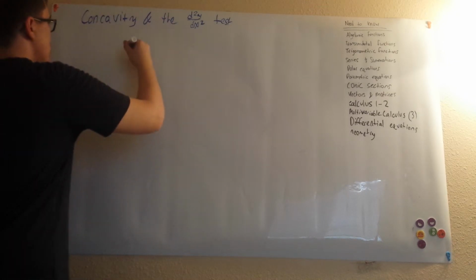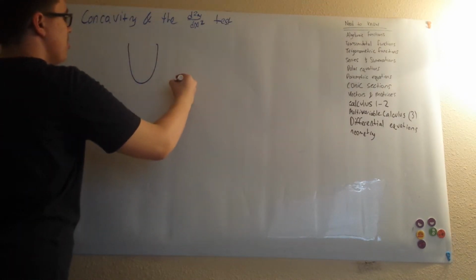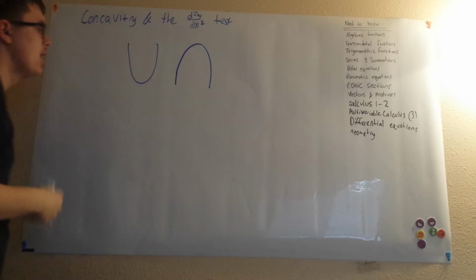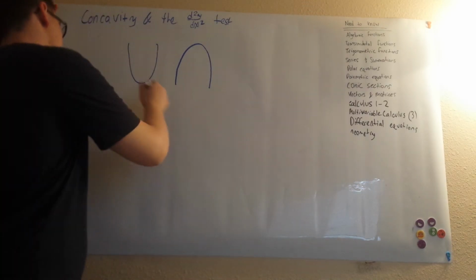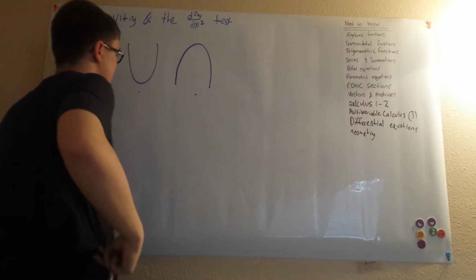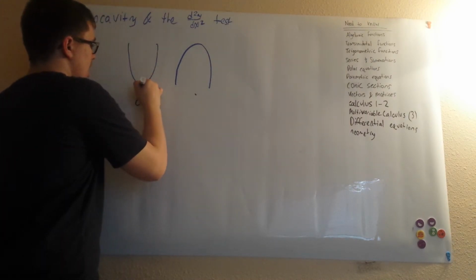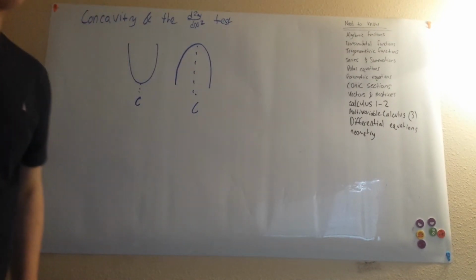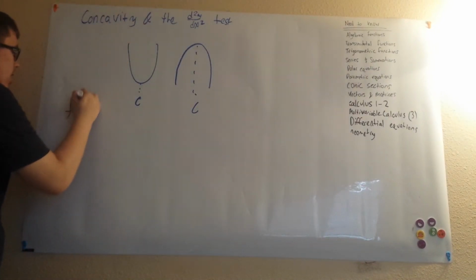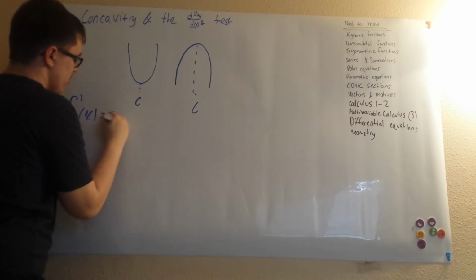Think about the two situations we had: our minimum and our maximum. Now, when do relative extrema occur? At critical points. When do we get critical points? When f prime of x equals 0.